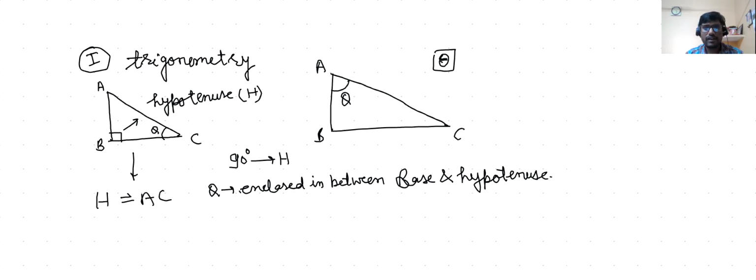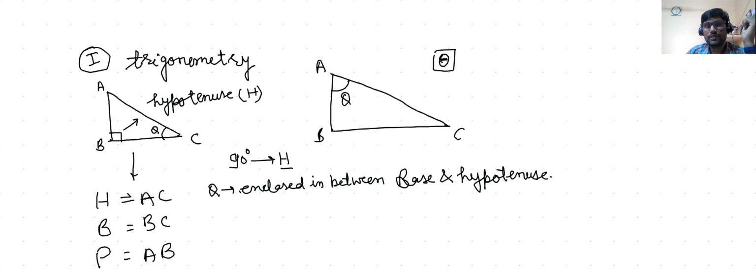AC is already the hypotenuse, so the second line enclosing the angle, BC, is the base. It can be denoted by capital B. We have the hypotenuse and base, and the last third side is the perpendicular, which is AB here.